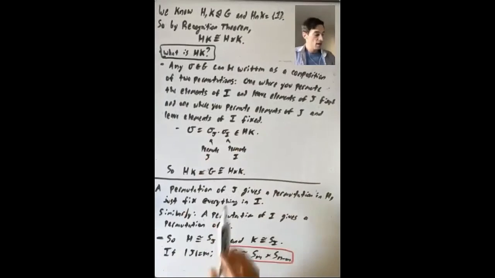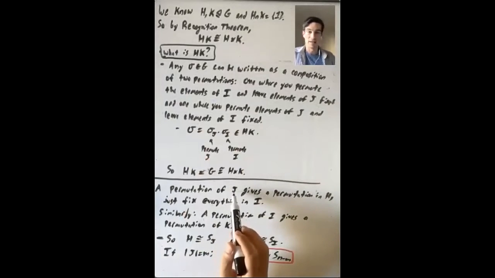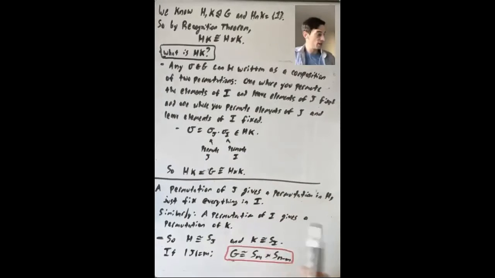Let's just note that if you have a permutation of J, that gives a permutation in H. So it gives a permutation of all of the elements from 1 up to n, where you have your permutation of the elements of J, and then you just fix everything in the complement of J. So you fix everything in I. So you get a permutation in H because you're fixing the things not in J. Similarly, if you have a permutation of the elements of I, then just fix all of the elements not in I, and you get a permutation in K. So what does that mean?